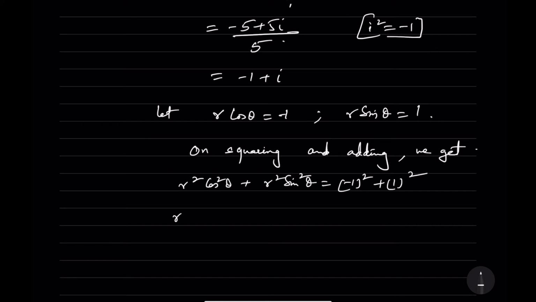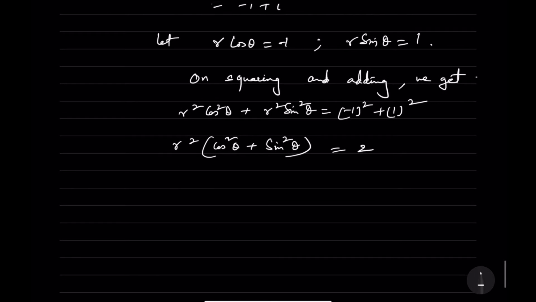If you take r square common, r square into (cos square theta plus sin square theta) is equal to 2. So r square is equal to 2, which implies r is equal to root 2.